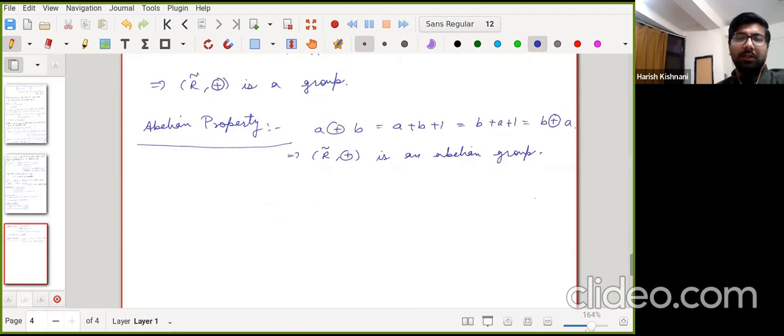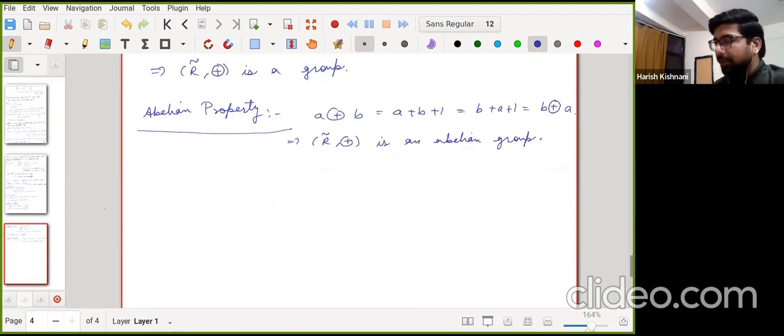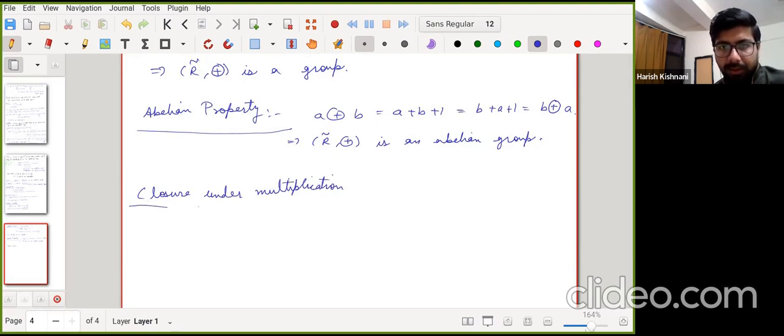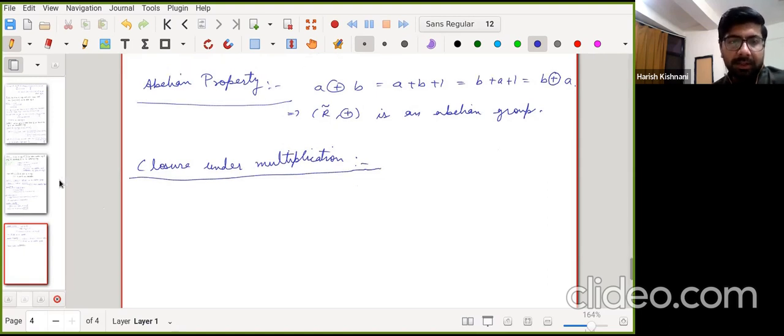Okay. So now let us see whether it's a commutative ring with unity or not. For that, another property that we have to check is the closure under the multiplication that we have defined in the beginning, and that will also follow from the closure property of the initial ring. So what is the multiplication that we defined?